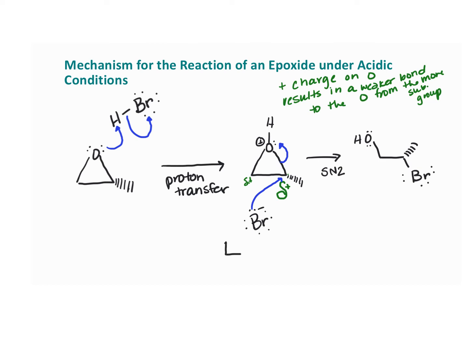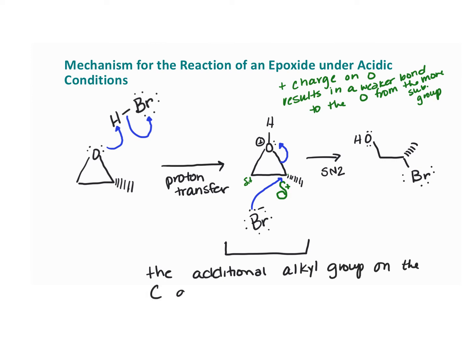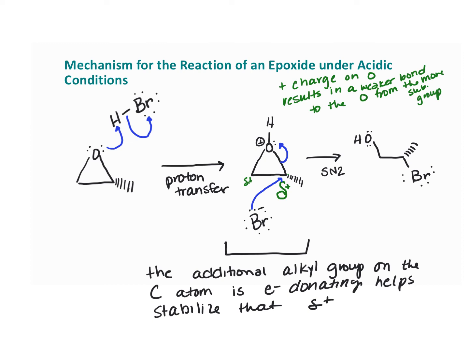I want you to make a few more notes about why this is happening, okay? The additional alkyl group on the carbon atom is electron donating, and it helps stabilize that large partial positive charge.